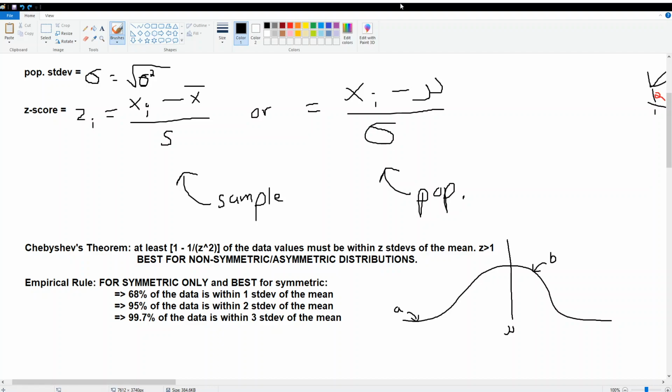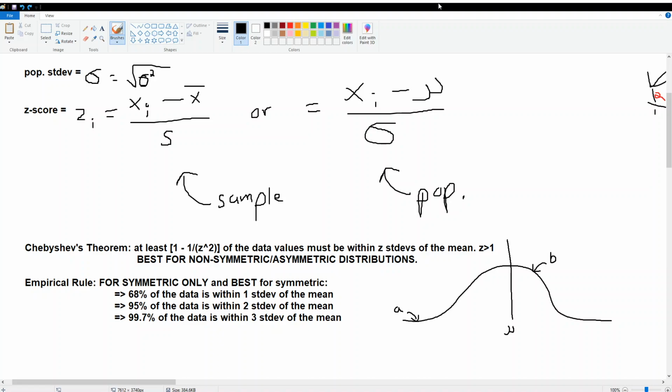If we have a population, we will have mu for our population mean and sigma for our population standard deviation. Now, in these cases, the computations of the z-scores themselves are very straightforward. It's the interpretations of them where it gets interesting.